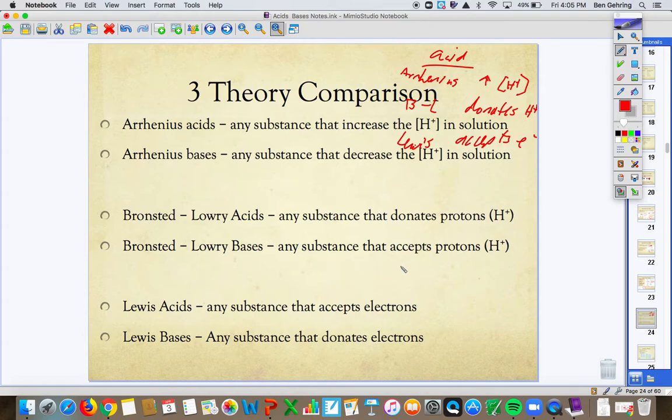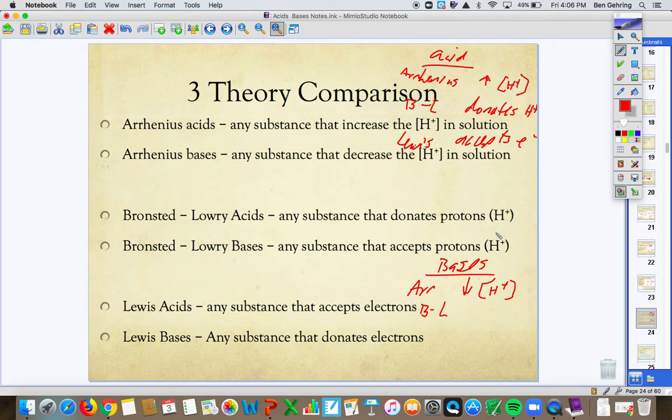For bases, I'll do bases down here. So again, Arrhenius, let me put ARR, is something that decreases the hydrogen concentration. For Bronsted and Lowry, they accept protons.